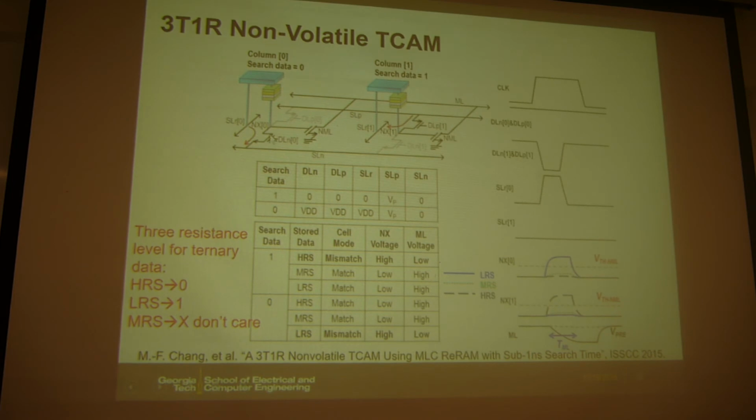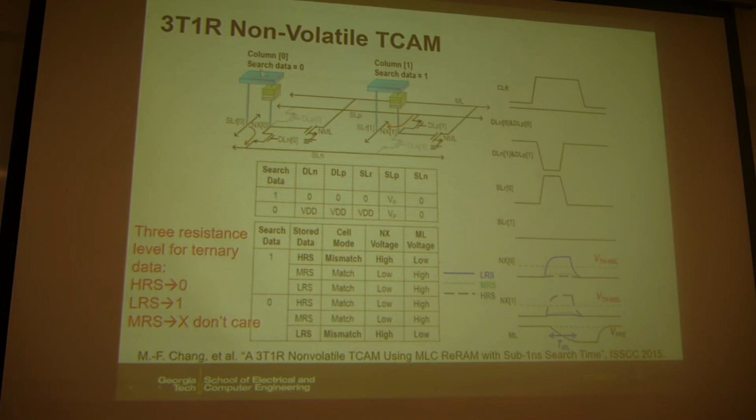In this particular case, it used 3 resistance levels for the ternary data you store in the R1. So now the R1 is not just 0 and 1. It has 3 resistance levels. The high resistance state, HRS, stores 0, and the LRS stores 1. And then there's a middle resistance state, MRS, that stores X, don't care.